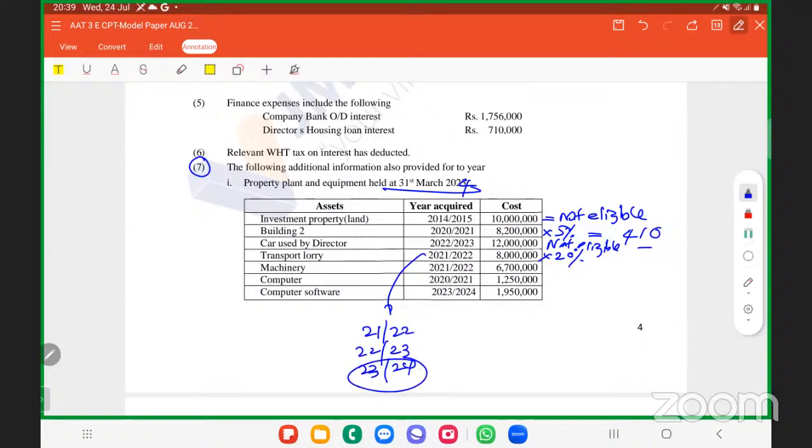You have to evaluate that, because some assets may already have had capital allowances fully claimed. If the capital allowances are fully claimed, you are not supposed to get capital allowances for that year. In this case it is 20%, right? 6,700 into 20%, that is 1,340.